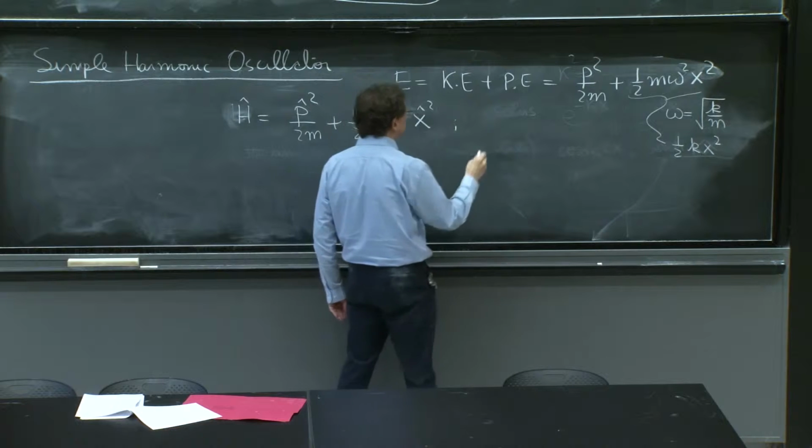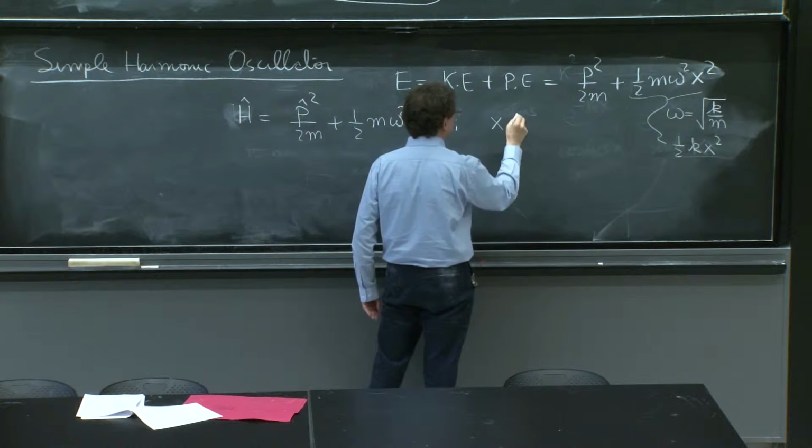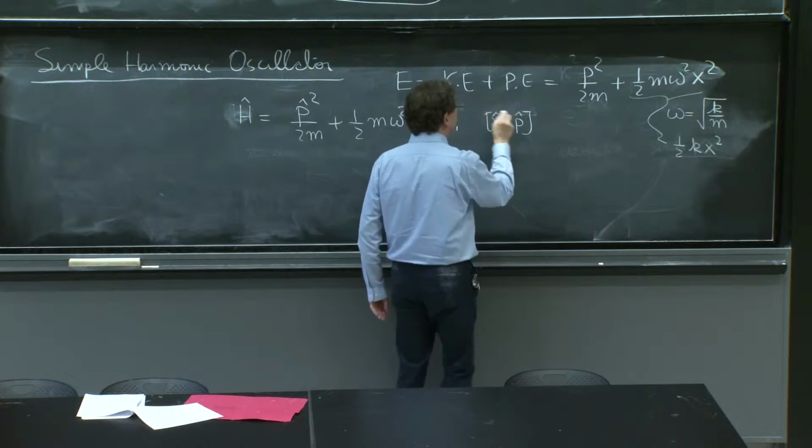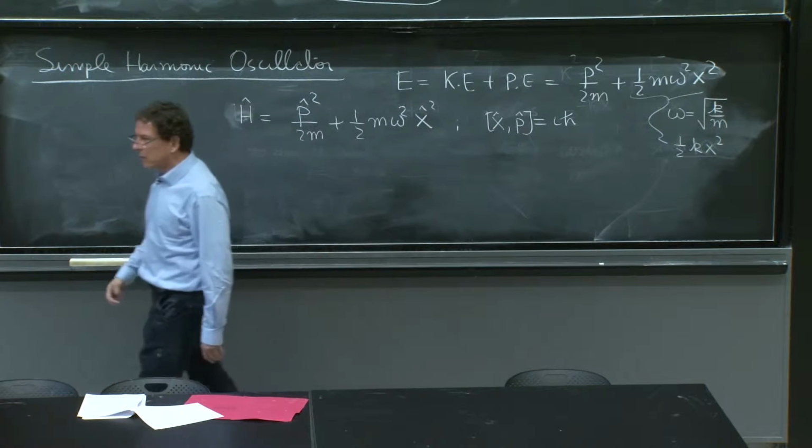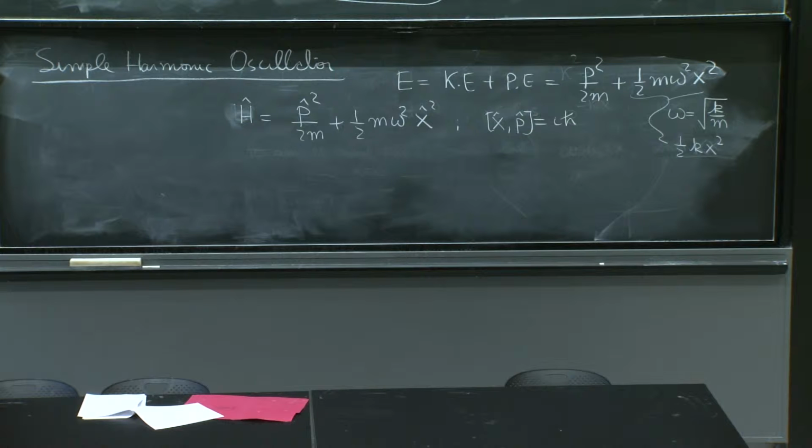And now the difference is going to be that x and p are operators, and this is i h bar, and that's going to be my quantum system. So this is a quantum system that is inspired by classical mechanics in the purest and simplest way. Anyone could have invented this quantum system. It was very natural.